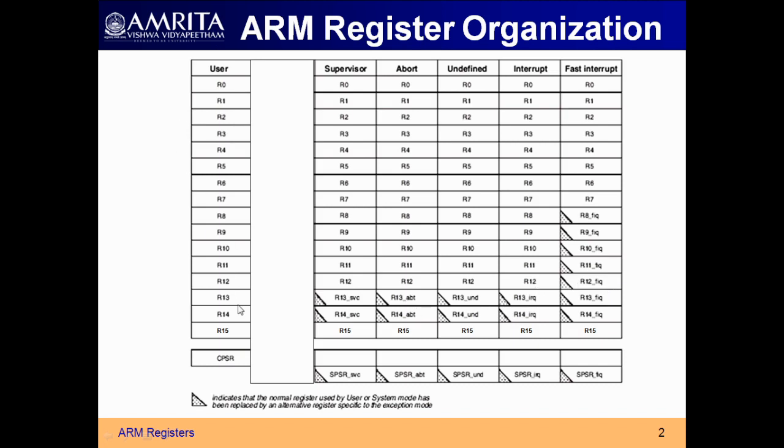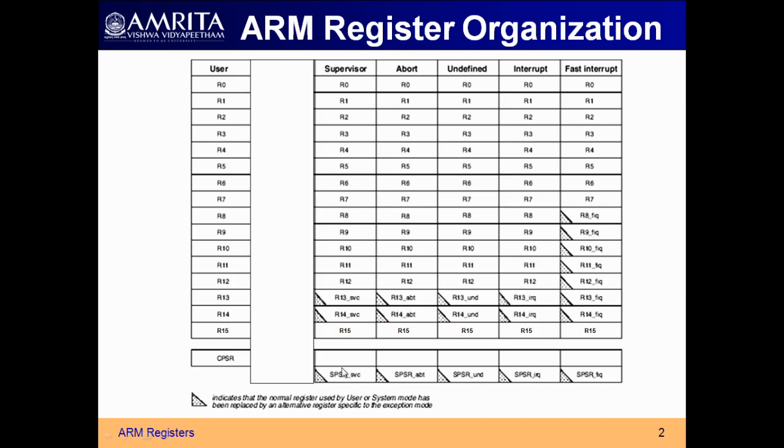Out of these 37 registers, the banked ones are available only when you are in the corresponding mode of operation. That is why these 20 registers are known as banked registers, and other than that you are having 17 registers in the user mode. So total 17 plus 20, 37 registers are there, right?